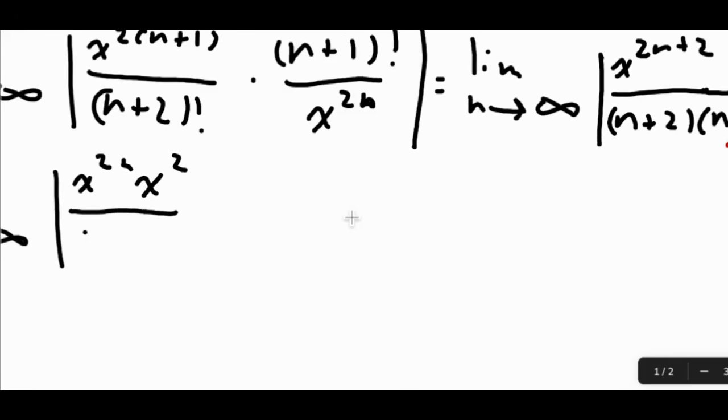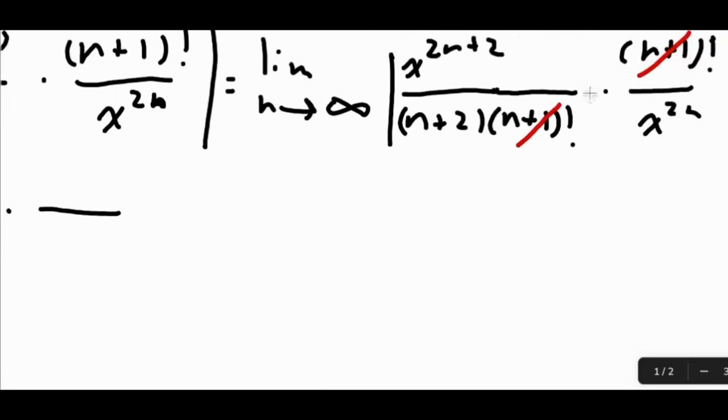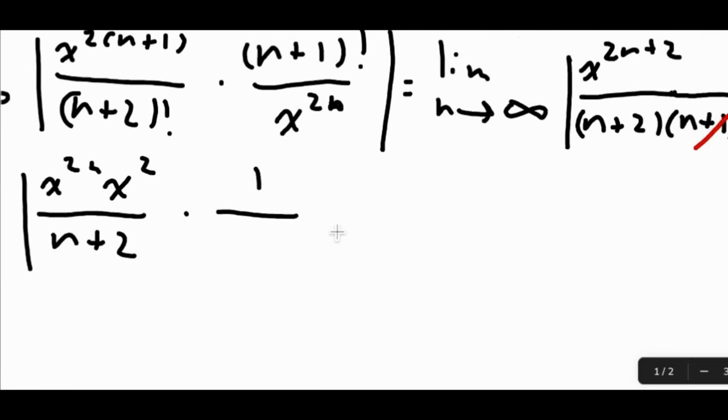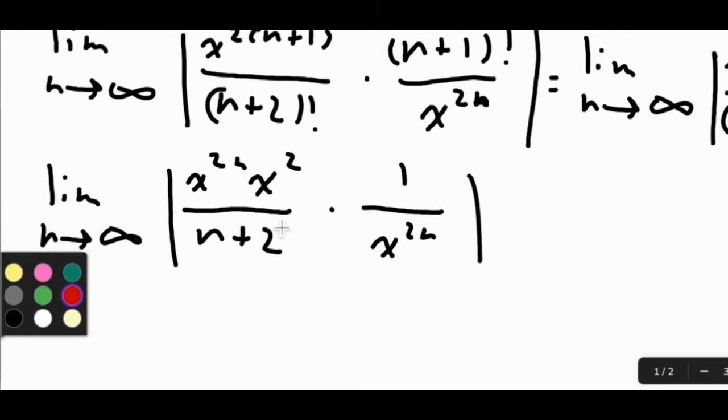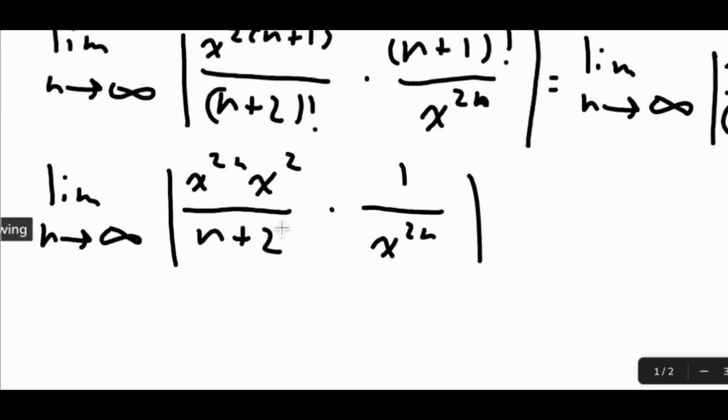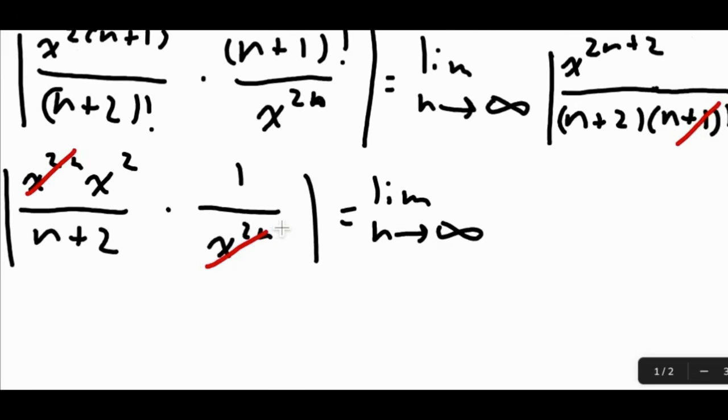Remember, all over n plus 2 times, and since we canceled out that n plus 1, we're left with the 1 on top and x to the 2n on the bottom. And again, here we are able to just cancel out these x to the 2n's, and let's rewrite our limit, which is equal to the limit as n approaches infinity of the absolute value of x squared over n plus 2.